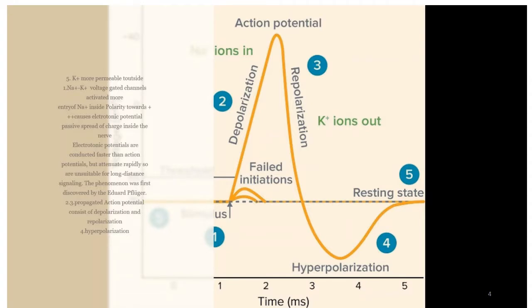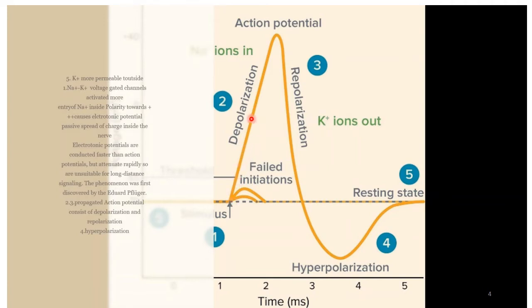So in detail, this is the resting membrane potential, and these are the initial potential developed, or initial depolarization phase, which failed to propagate an action potential. And this is known as electrotonic or graded potential.